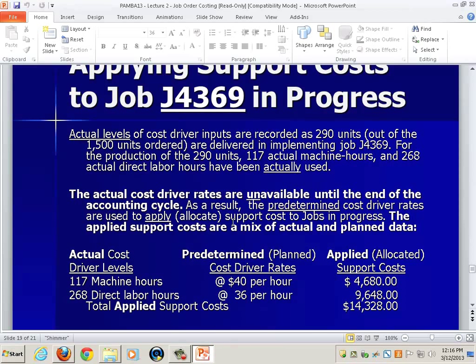If we wait, we will know at the end of the year that we had big cost overruns on this job and other jobs maybe, and we lost money.